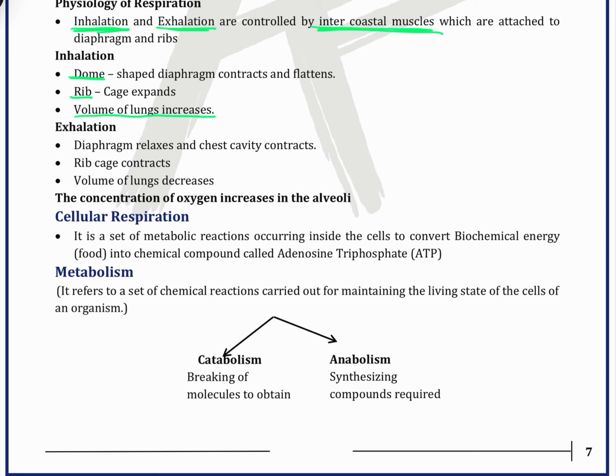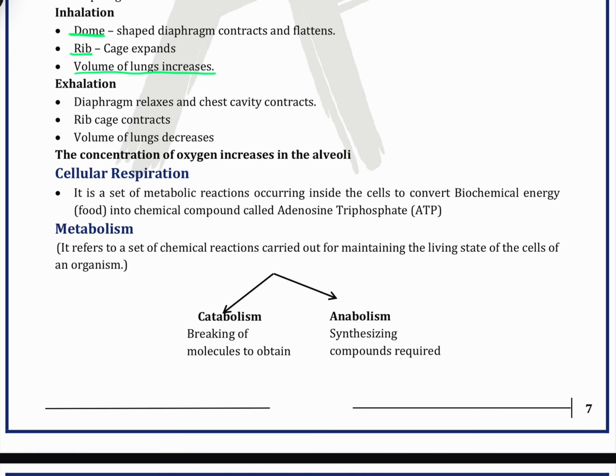In inhalation, the dome-shaped diaphragm contracts and flattens, the rib cage expands, and the volume of the lungs increases. As we all know, when we inhale and take in gases, our lungs become big. And in exhalation, the diaphragm relaxes, the chest cavity contracts, the rib cage contracts, and the volume of the lungs decreases.